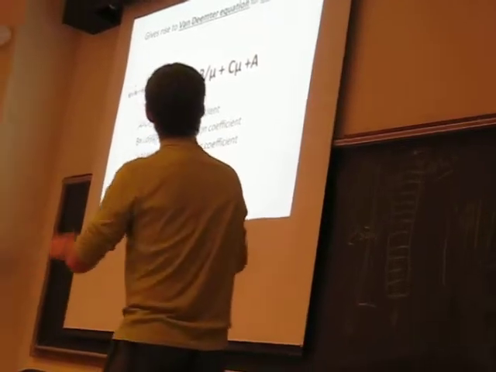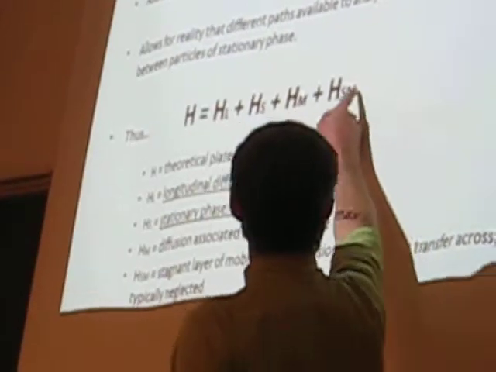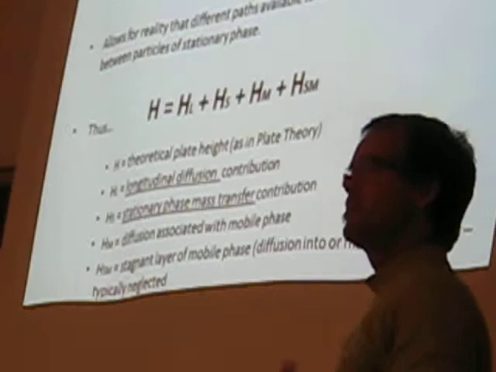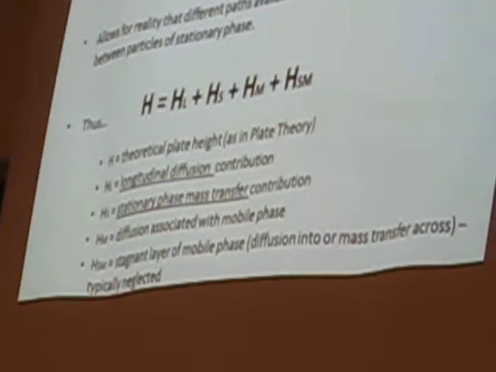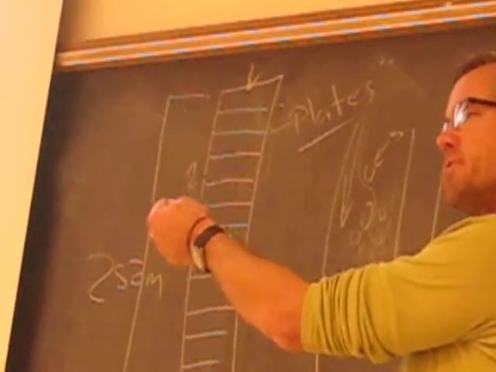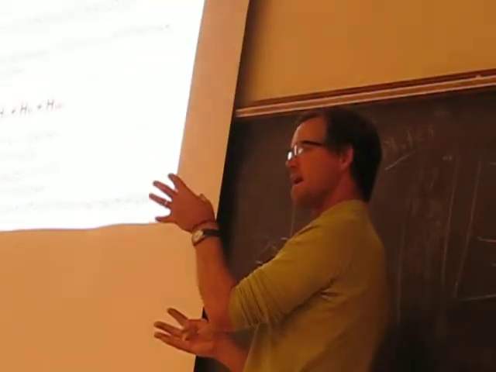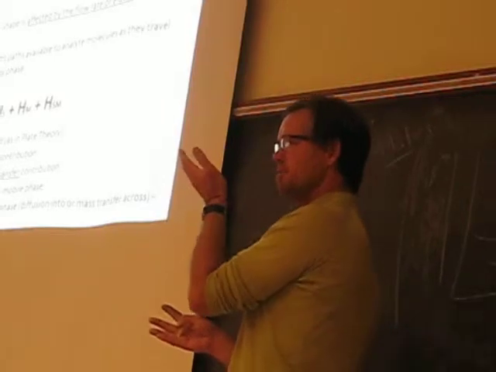When we look at those kinds of processes, I didn't mention this, but in reality, in chromatographic separations, the contribution from having a stagnant layer of mobile phase around the stationary phase is typically negligible, because the flow rates are sufficiently high to minimize the formation of these stagnant layers.